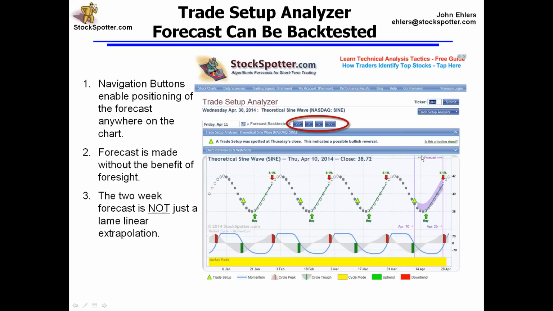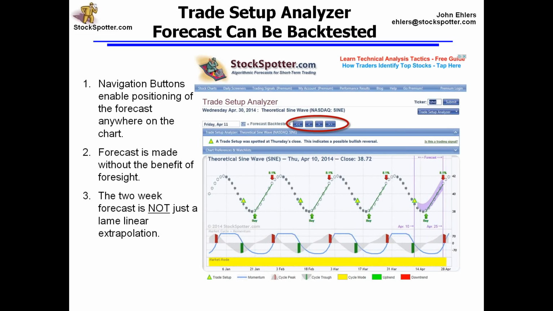So we're making every prediction without the benefit of foresight, and this is a fairly sophisticated extension of the measured cycle into the future.